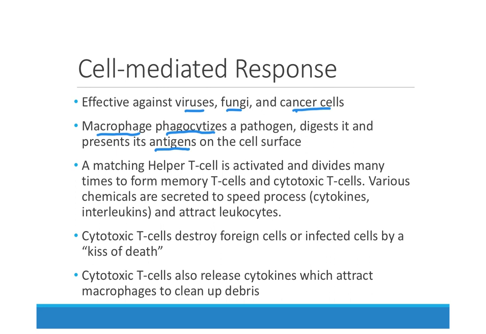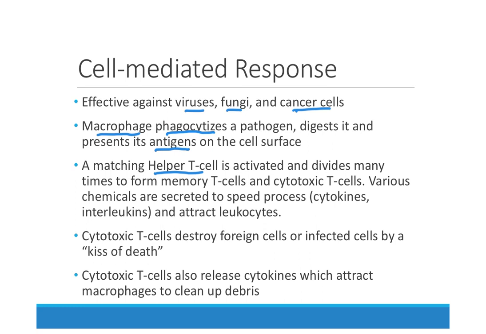The macrophage then connects with a helper T cell, a particular type of T cell, typically in the lymphatic system, so in a lymph node. And this helper T cell has a receptor that matches the antigen. So in your cell-mediated response, in the specific adaptive immunity, you have receptors on cells that match antigens, and that starts the whole process.